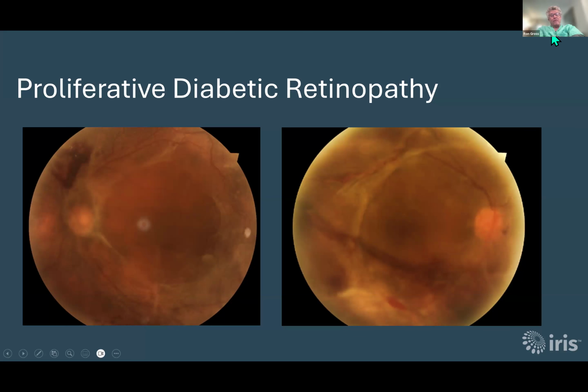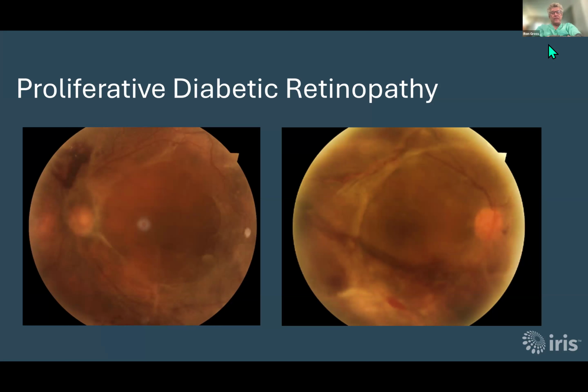From a visual standpoint, it may not improve at all, even if you can break through all this scarring that has occurred and clear out the blood, the function still may not return. So that's why it's so important to be able to treat these people before they get to this distant end stage of the disease, because it's probably not able to be gotten back. So that's why it's so important.